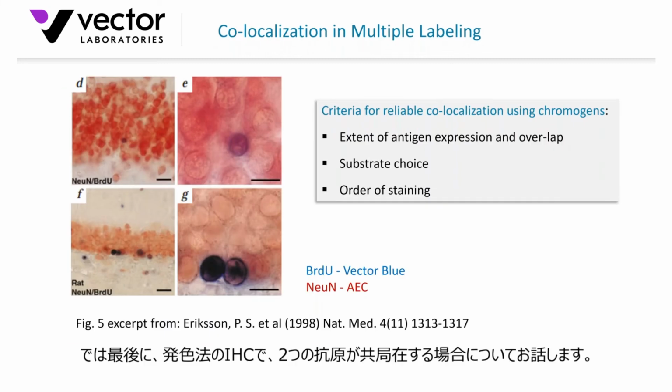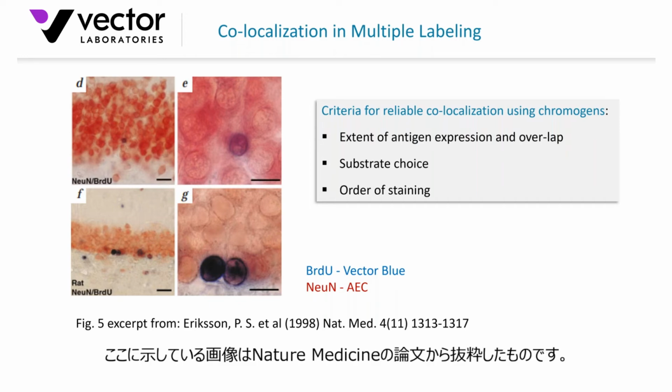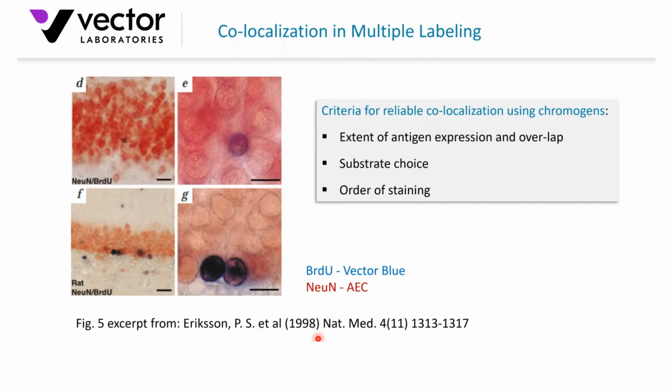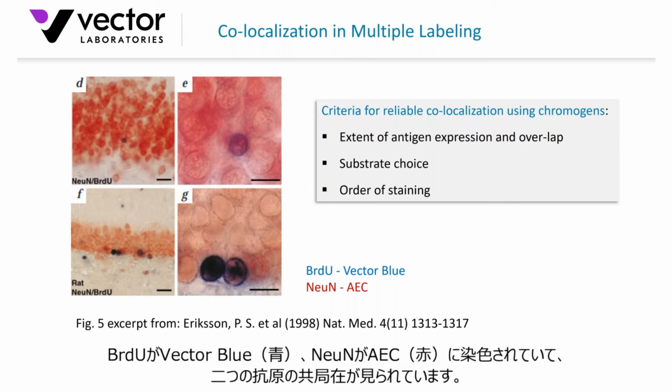Right, let's close out here quickly with a bit of a chat about co-localization. I do field inquiries about the use of chromogens, chromogenic immunohistochemistry of course, and the overlap of two antigens. I've got here a nice figure that I took from this given paper in Nature Medicine. They used two antigens.